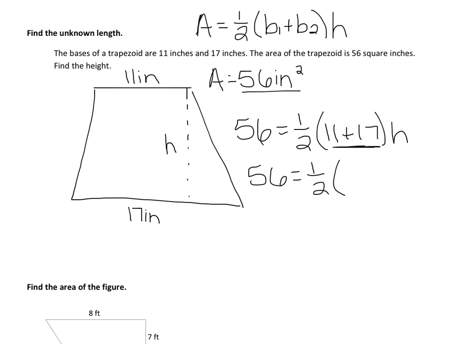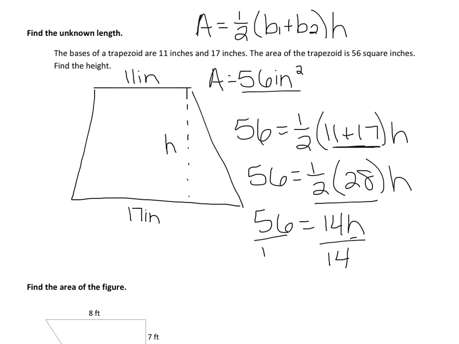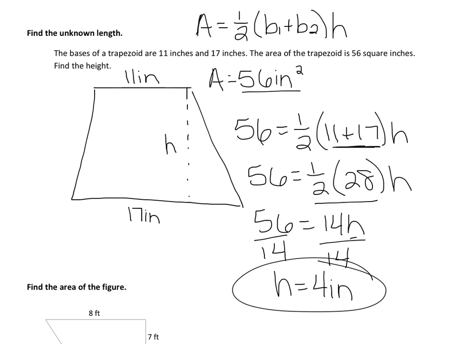So 11 plus 17 gives me 28. And I know I can take 1/2 of 28 and I get 14. If I want to solve for h, I divide both sides by 14. So h equals 4 inches. Now we know the height of our trapezoid.